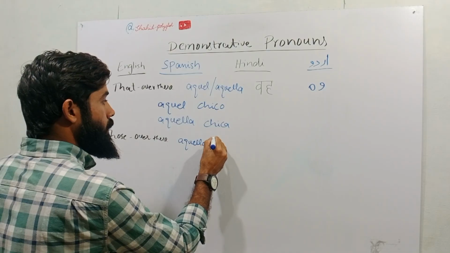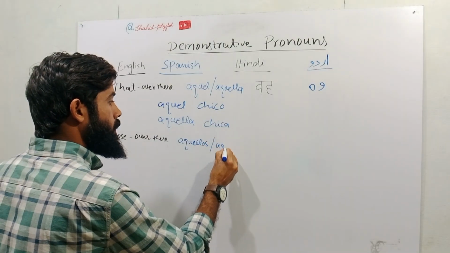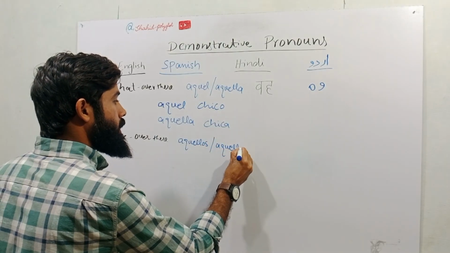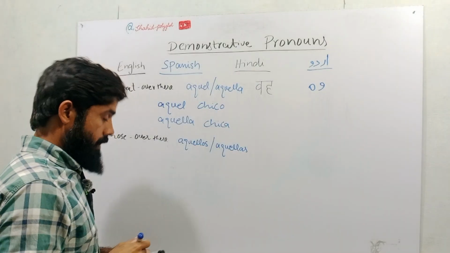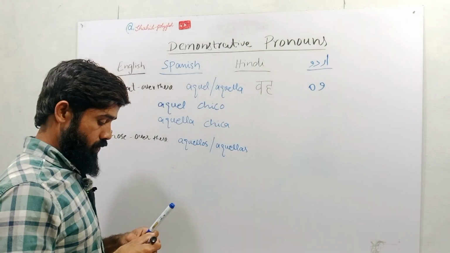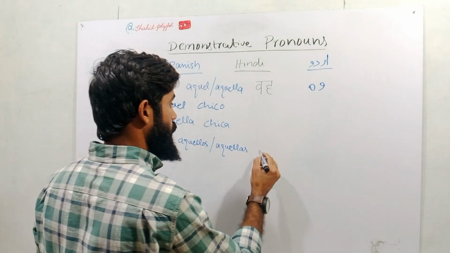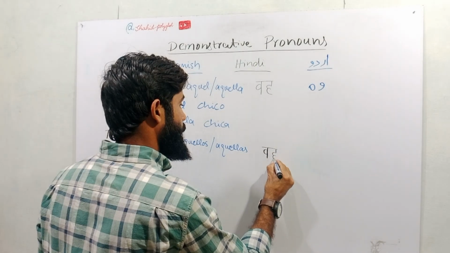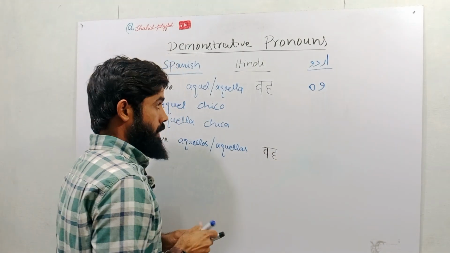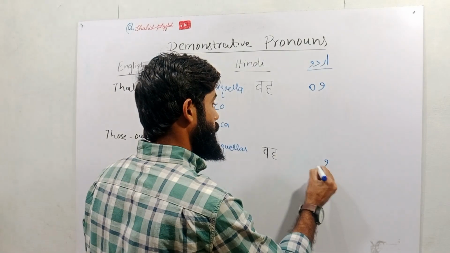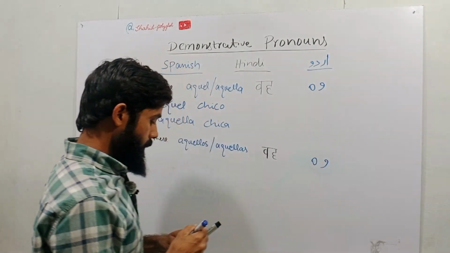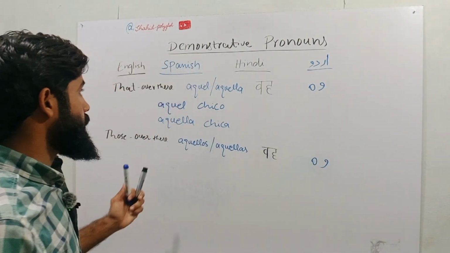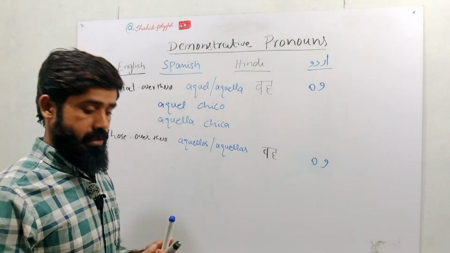And in Hindi and Urdu we use the same wo, and wo in Urdu. Now let's take the example of aquellos or aquellas.